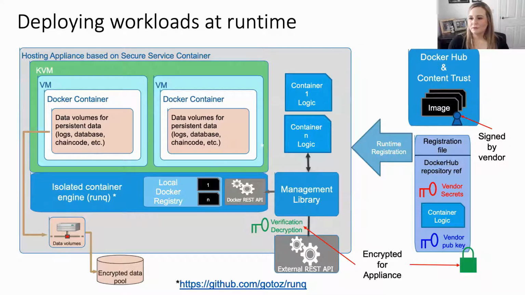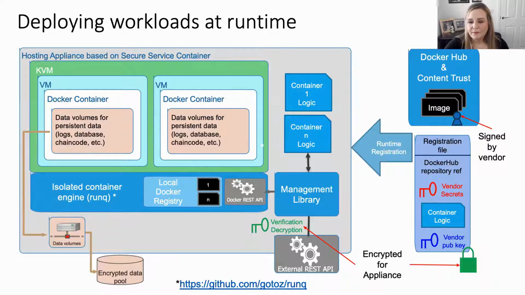And we probably want to have those verified. So we're going to have some type of key, or really secrets and a registration file, that we can use to access our container logic. We're going to have those encrypted for the appliance, and it's going to be able to talk to the gray box.